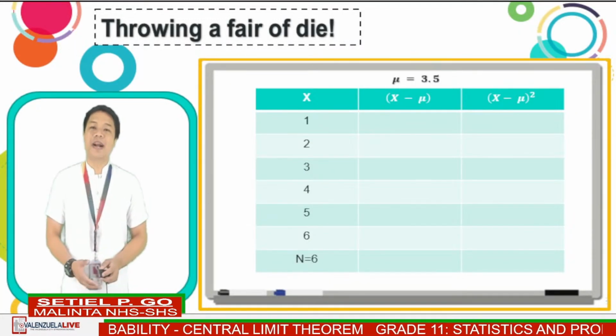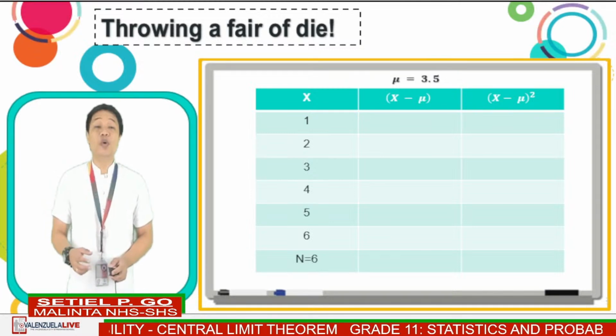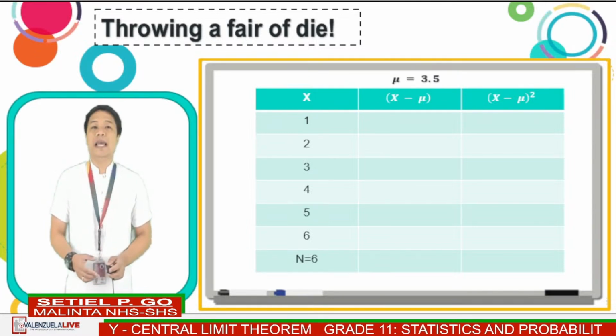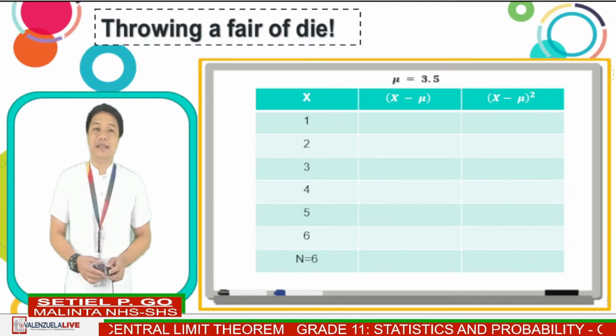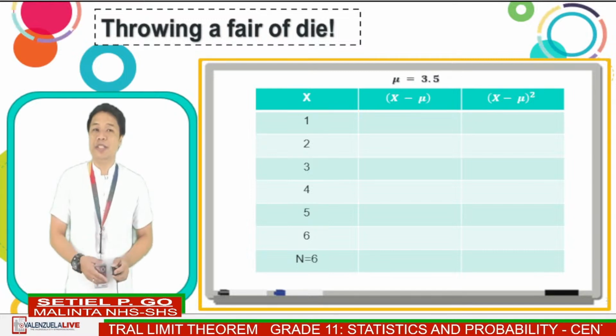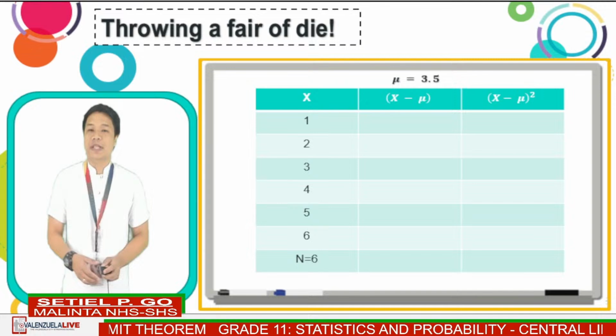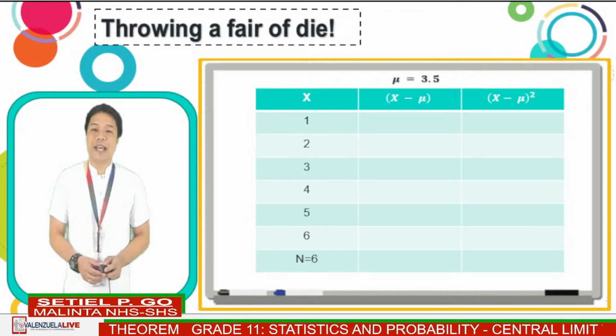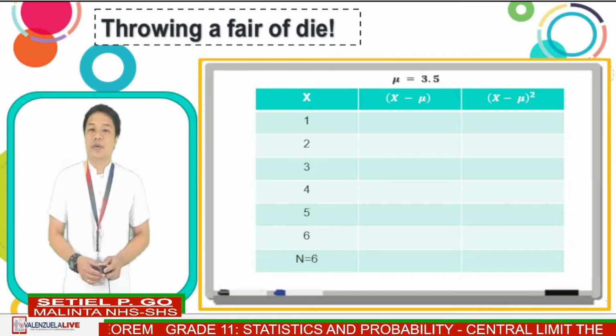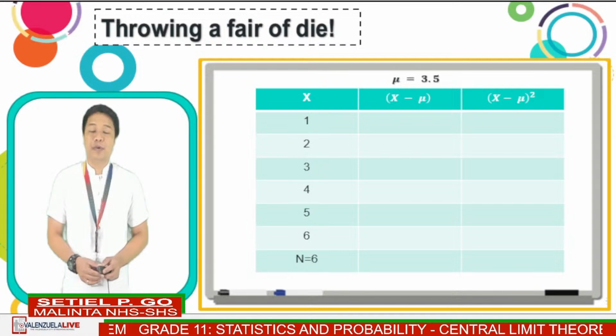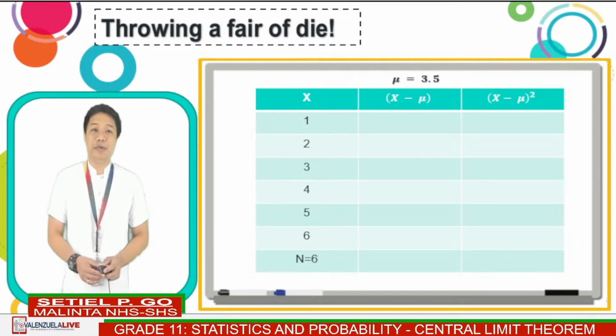Okay, so after solving the mean, let us solve the variance. In solving the variance, we need to fill out the two columns, which are x minus the mean, and another column which is the quantity x minus the mean squared. Let us start with the column x minus the mean. So we're going to have 1, which is x, minus the mean, which is 3.5.